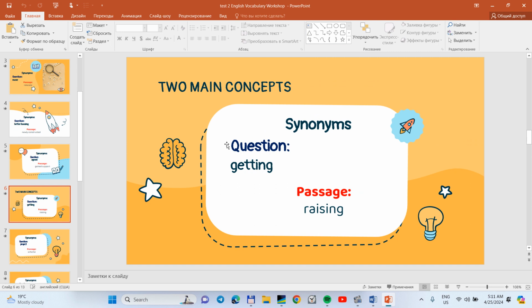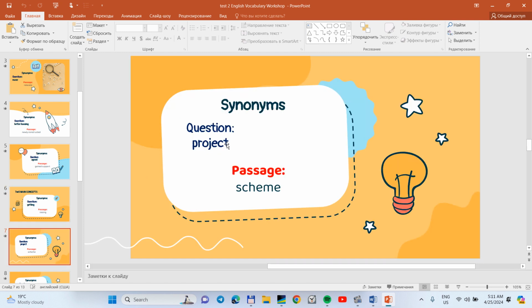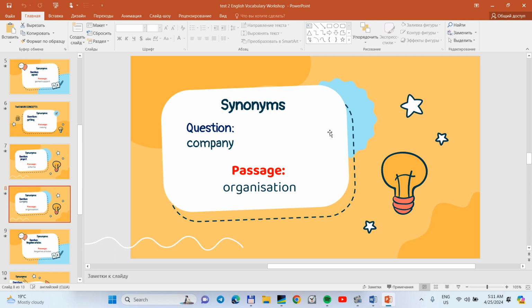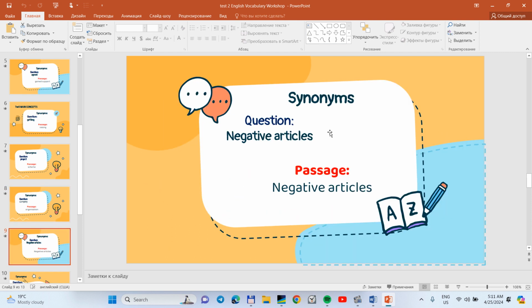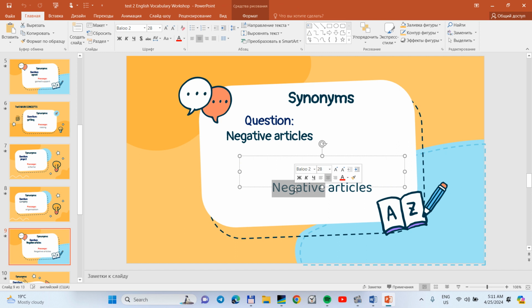Getting means raising. And project means scheme. In the question it says company, and the passage says organization. Negative articles, no, it is negative articles in the question. In the passage it is critical articles. Yes, it was critical articles.